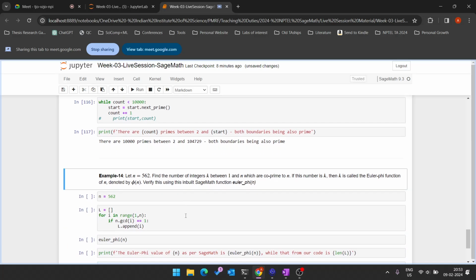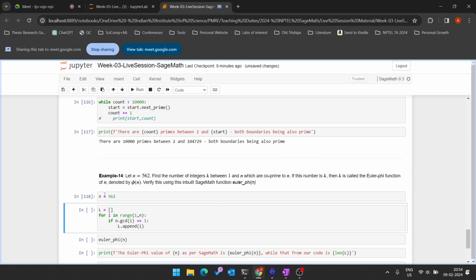The final question for this session is, suppose we have an integer n and we want to find the number of integers k between 1 and n which are co-prime to n. This number k is basically the Euler phi function of n, denoted by phi of n, and we want to compare this with Euler phi of n. So how do we do this?